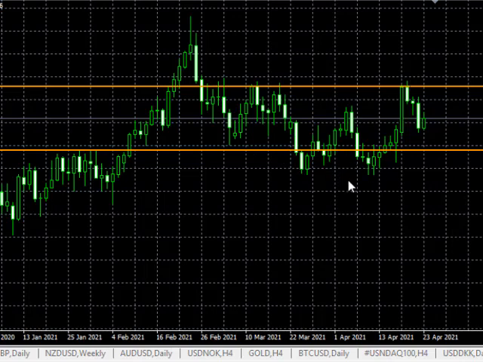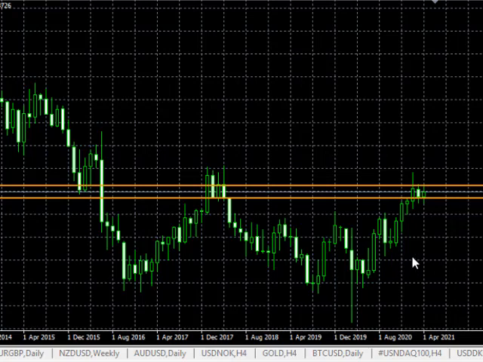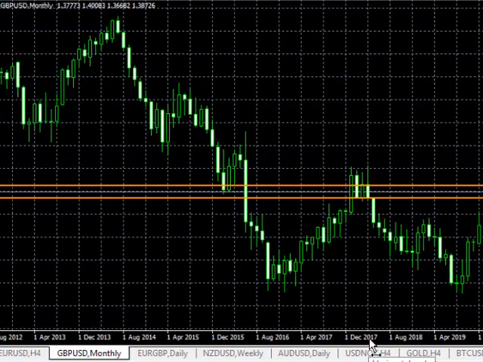So we have medium-term trends, we have short-term trends, and we have long-term trends. We have trends that can span for years. If I look at the monthly chart now, these are trends between 2019 to 2021. This is a trend between August 2016 to December 2017. Look at this one.